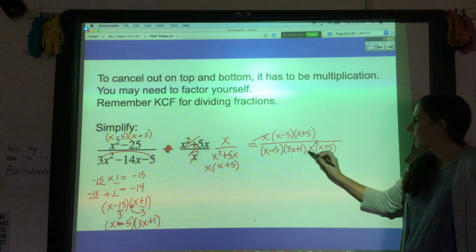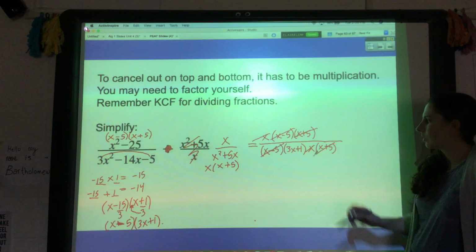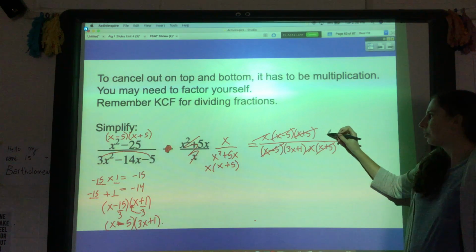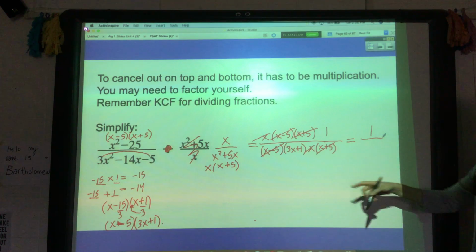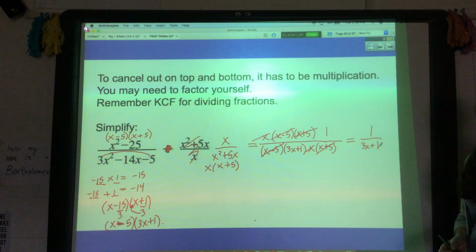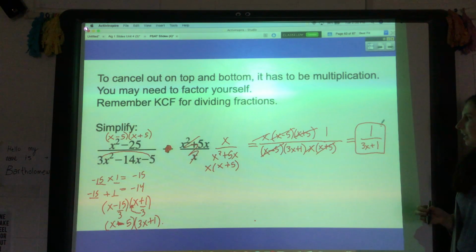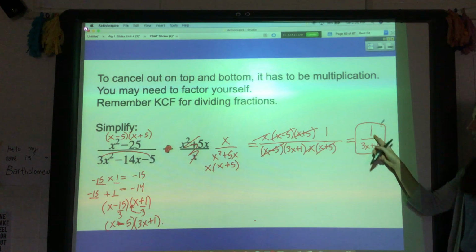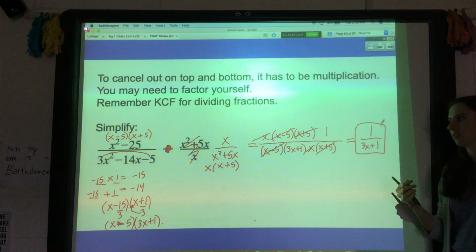The x's cancel. The x minus 5's cancel. The x plus 5's cancel. I'm actually out of stuff on the top. I'll put a 1 there. And so my final answer is 1 over 3x plus 1. That's my final answer. It all simplified to that. Again, be careful. The ones don't cancel because of this plus. The entire thing has to cancel.